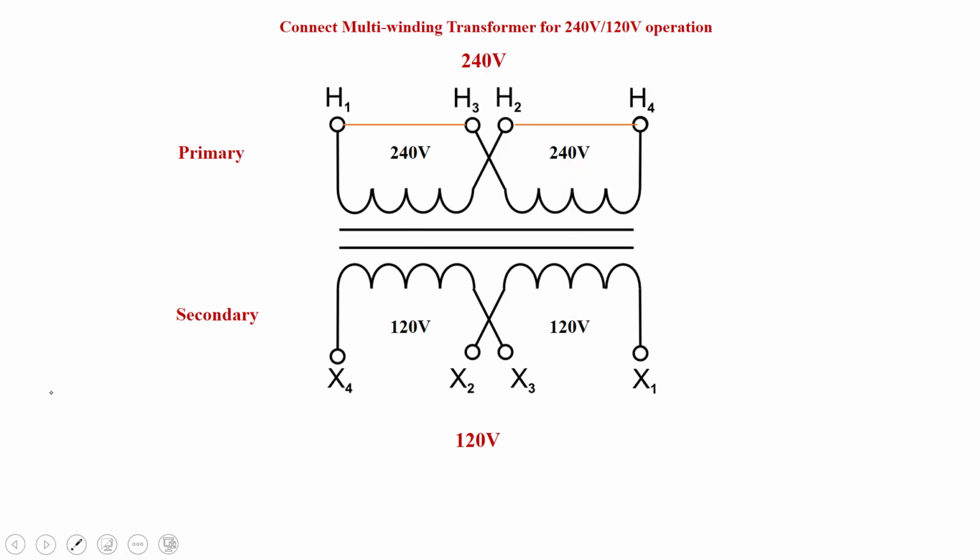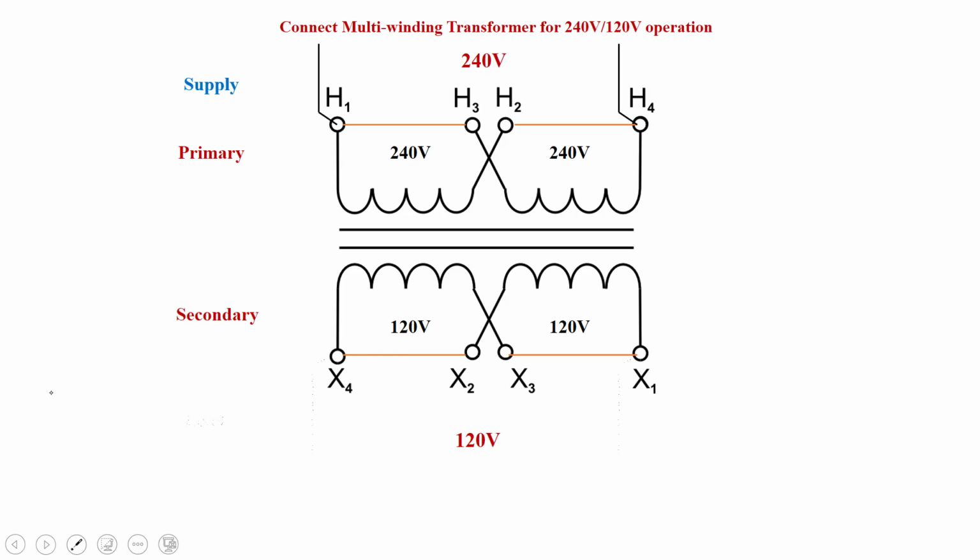Now we want to produce 120. What would be the connection on the secondary? That's right, parallel. So by putting them in parallel, we will produce 120 volts between X1 and X4, and we could connect up our load there.